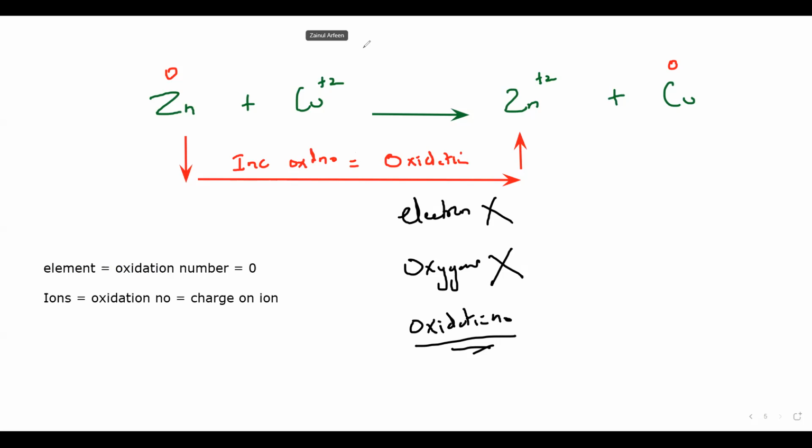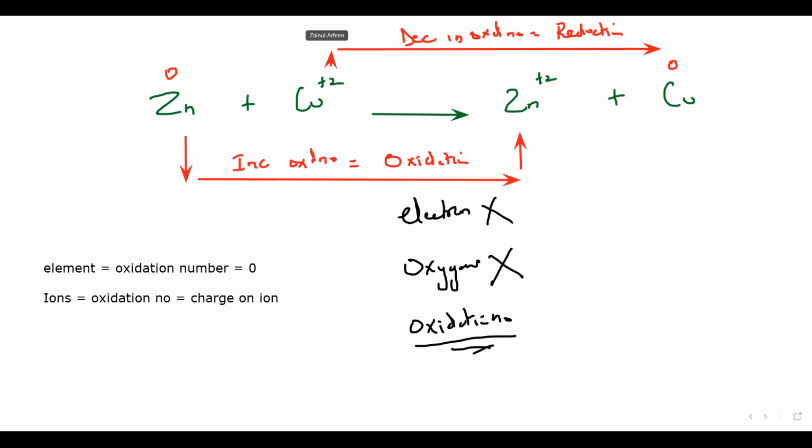And when you check copper, it is +2 changed to 0. Originally it was +2 and now it changed to 0. What do we call this change? Because there's a decrease in oxidation number, we call this change reduction.